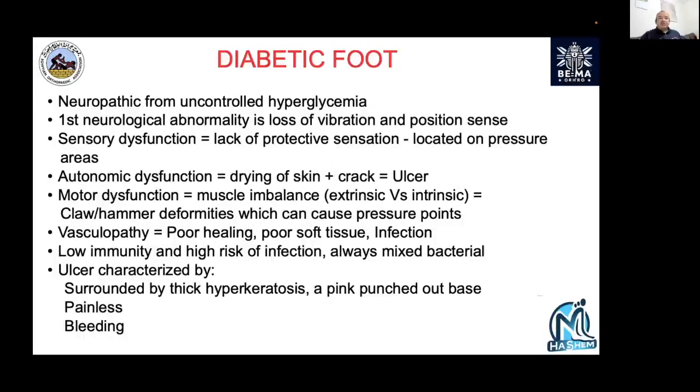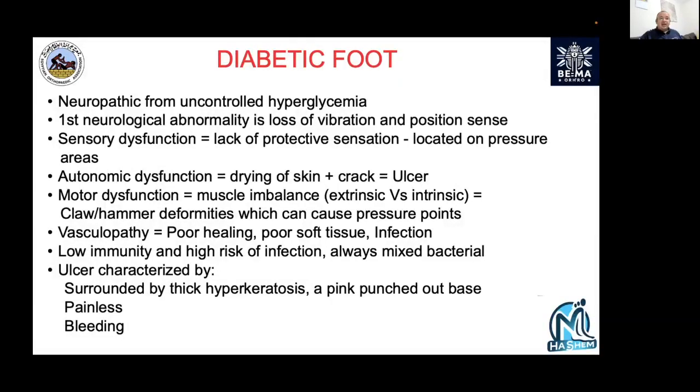Autonomic dysfunction ends in dry skin, which easily cracks and ulcerates. Motor dysfunction ends in muscle imbalance, and with the muscle imbalance, you will definitely have some deformities of the foot and toes.